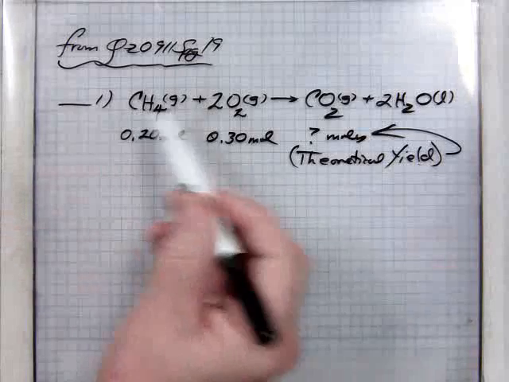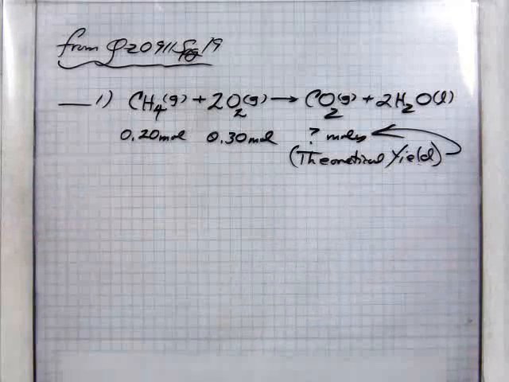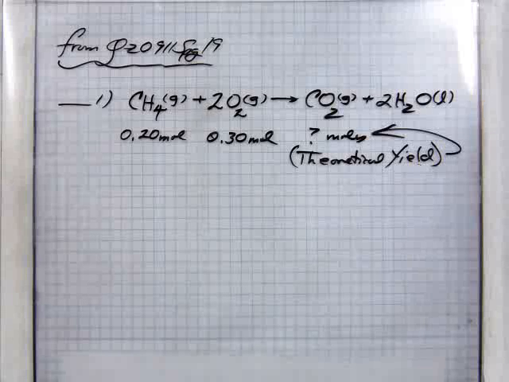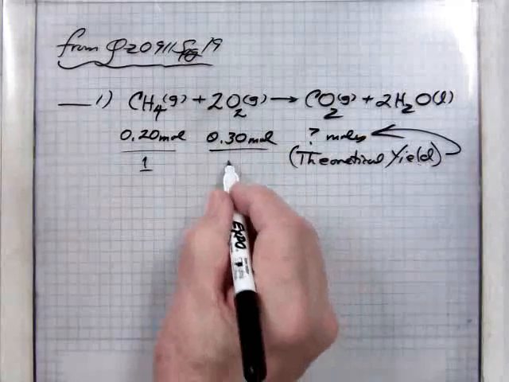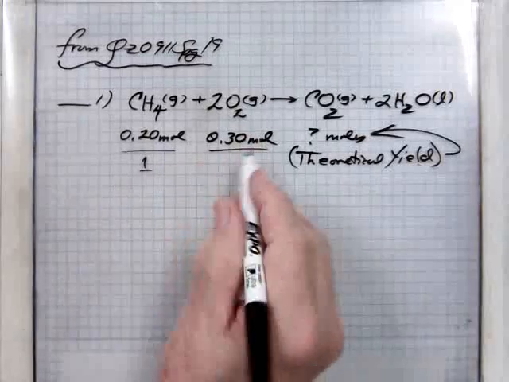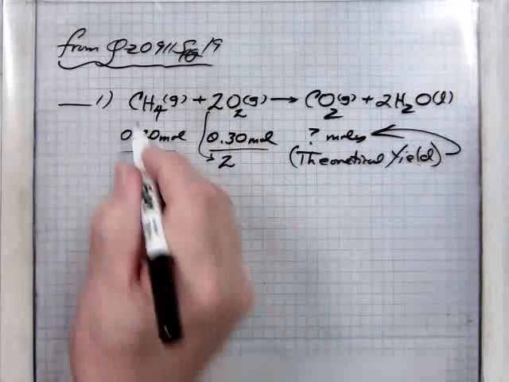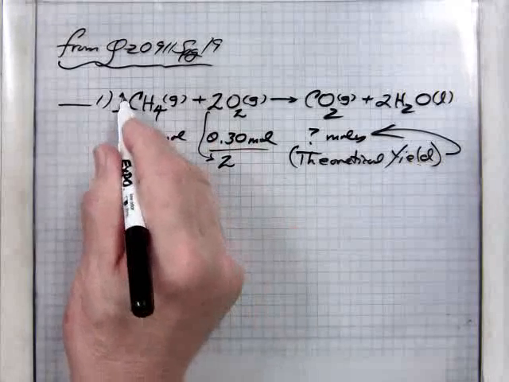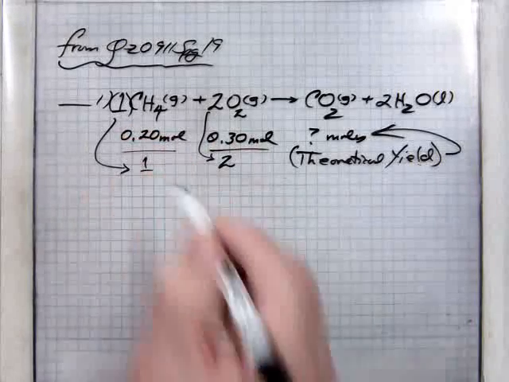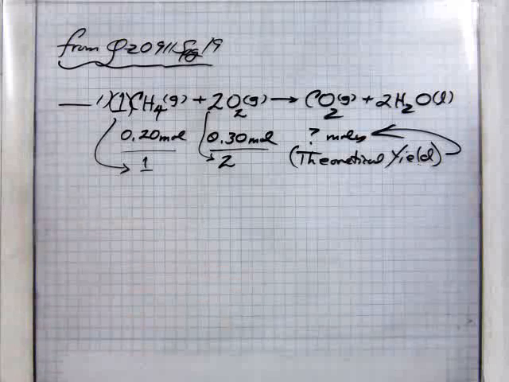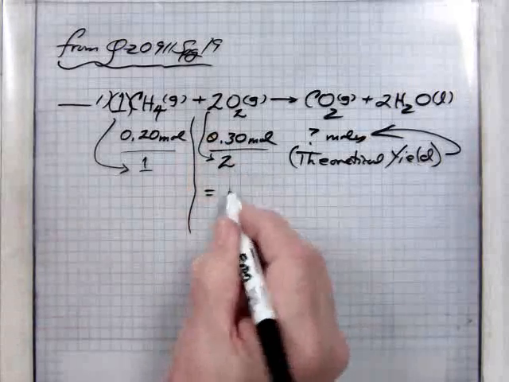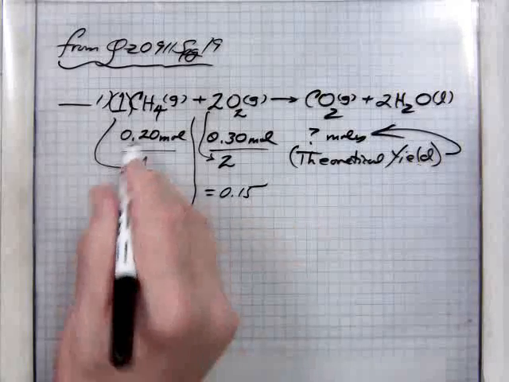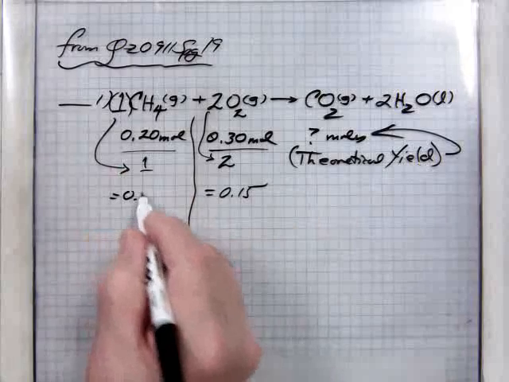Well, you look at the coefficients of the standard equation. You've reduced it to the smallest whole number ratio. If you divide these by the respective coefficients, I'll put that in there just as a notation. Divide by the respective coefficients, the smaller of the numbers in your computation will be the limiting reagent. So this ratio is 0.15 and this ratio is 0.20.